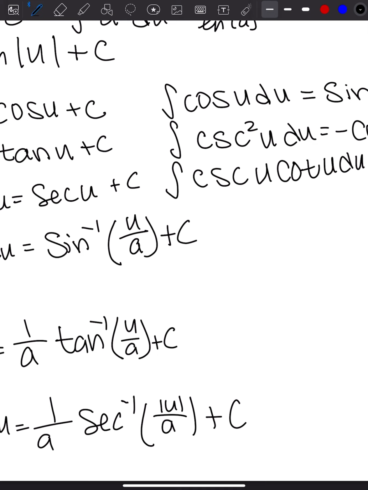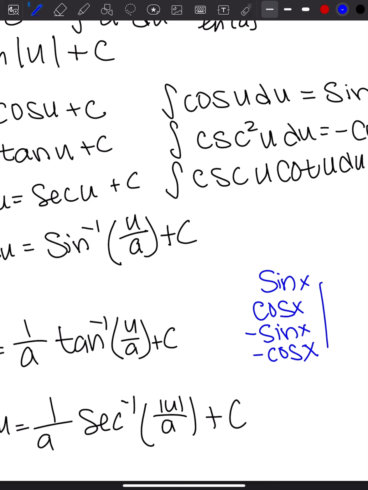These are kind of like our integrals of things that we have already found the derivatives of. The one thing that I like to add here is my sine and cosine list. So I know the derivative of sine is cosine, derivative of cosine is negative sine, derivative of negative sine is negative cosine, and derivative of negative cosine is sine again.